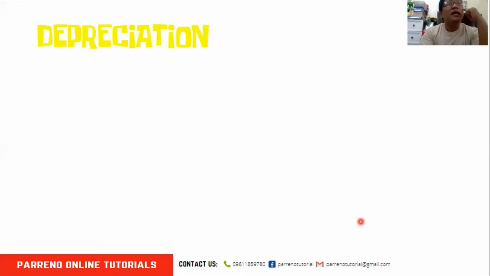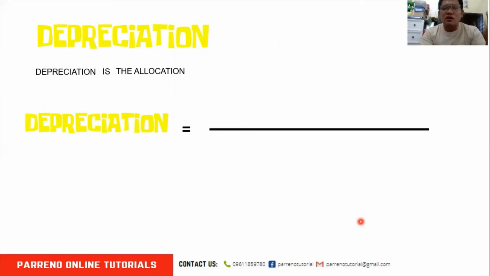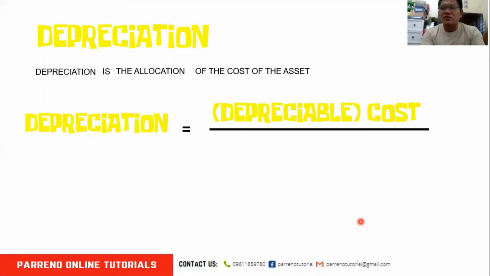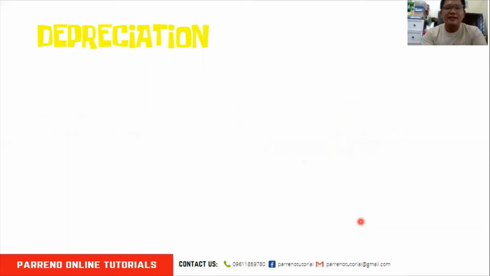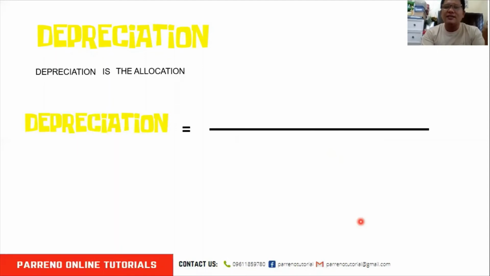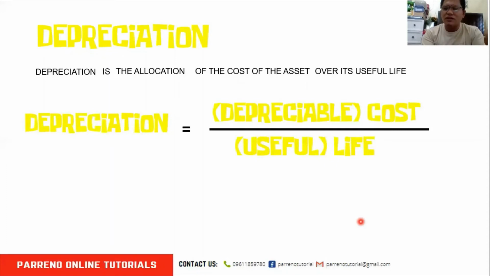So, let's discuss how we compute depreciation. Depreciation, by definition, is the allocation of the cost, or depreciable cost, of the asset over its useful life.